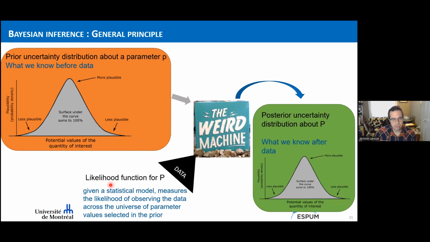And the likelihood function, in essence, I tried to phrase it as clearly as I could: given a statistical model, so here the log normal distribution for measurements, the likelihood is going to measure the likelihood of observing our data across the universe of parameter values selected in the prior.